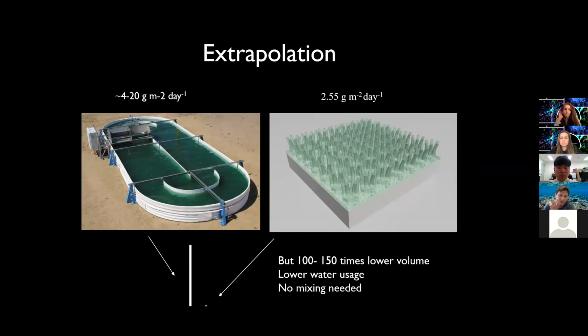This is about 20 to 30 centimeters of optical depth. In our system, which is just a few millimeters, you get 2.55 grams per square meter per day, which uses about 100 to 150 times lower water volume and lower water usage. And of course, there's no mixing needed.